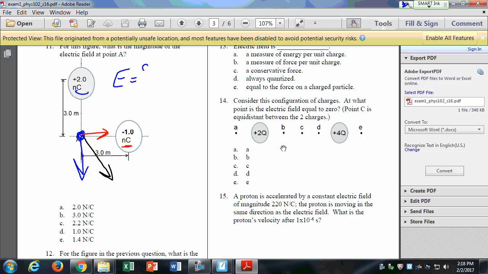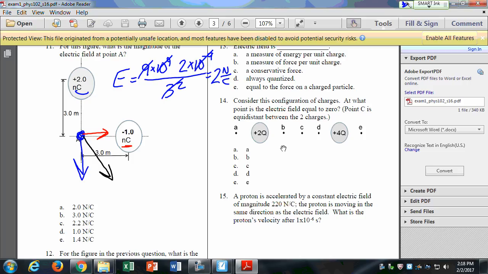So my first step is just to figure out what is the magnitude of the 2 nanocoulomb charge. It's going to be kQ, don't forget your nano is 10^-9, divided by r squared. That's 3 squared. So the 3 squared and the 9 cancel, that cancels with that, and we're just left with 2 newtons per coulomb. That's in the negative y direction.